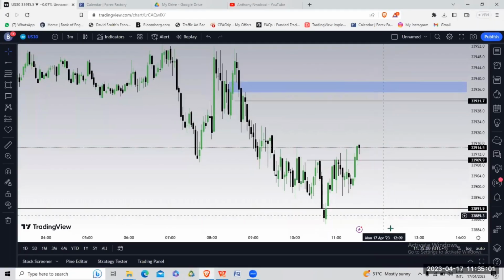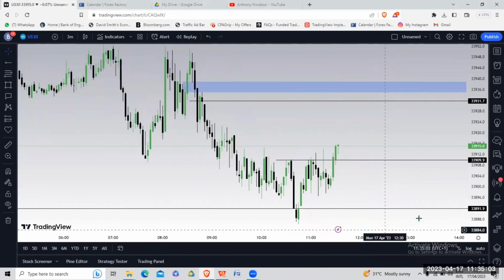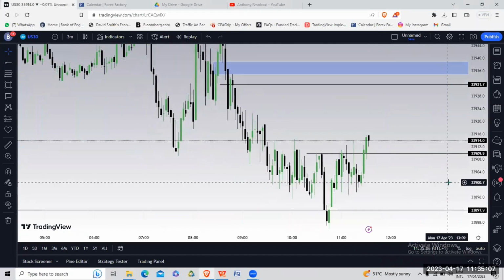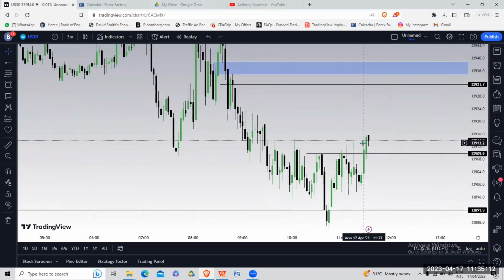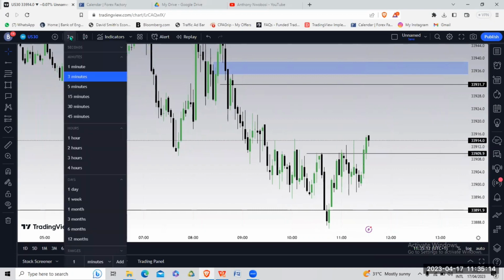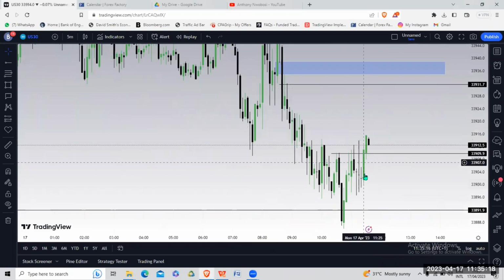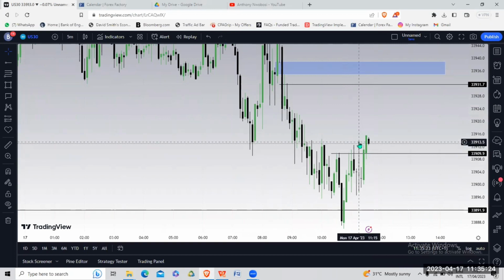So guys, look at what happened eventually. I had to come down to 3 minutes to see properly what's going on. So price eventually traded high. If you check the 5 minutes, it gave a really nice candle, right? After it gave this candle, I came to the 3 minutes time frame, and you can see price has closed bullish above this last one now.